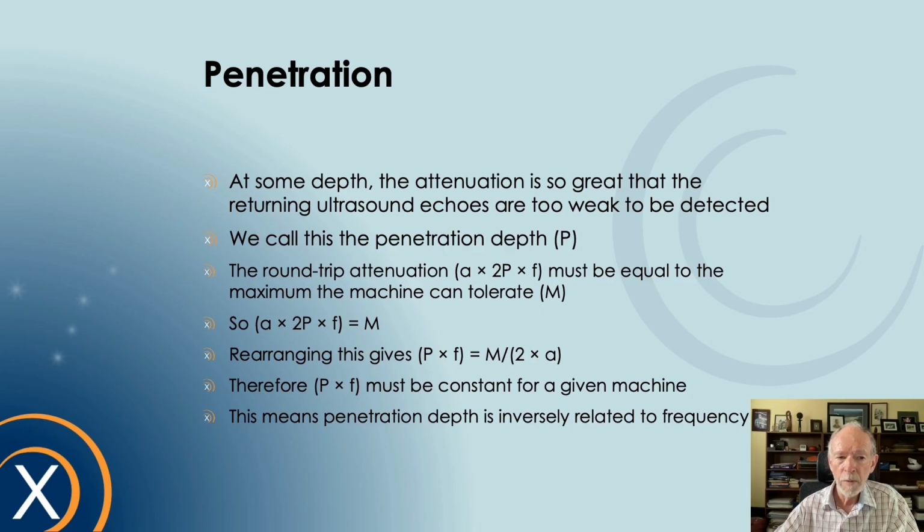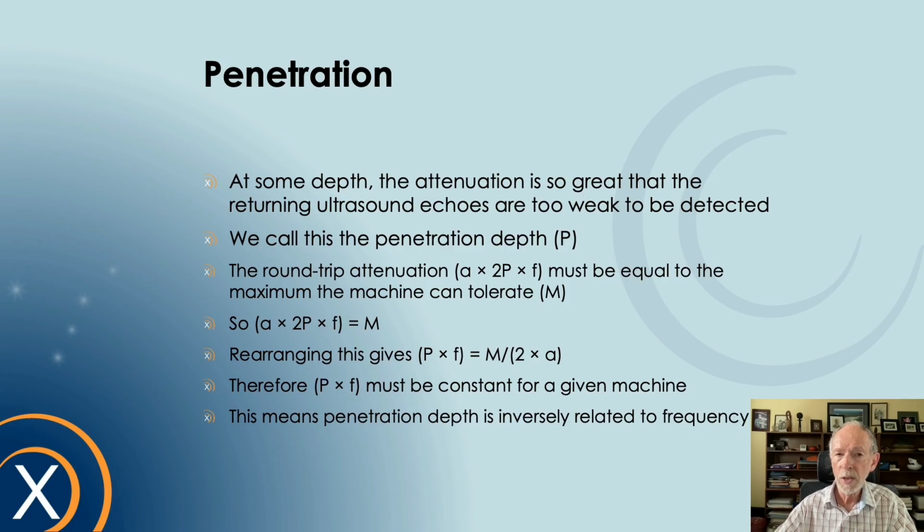Now that M is going to be essentially a fixed amount. And in any one clinical situation, the attenuation coefficient is a given as well. It's fixed. And so I can rearrange the equation to show that the product of penetration depth and frequency is equal to the maximum attenuation that the machine can tolerate divided by 2 times the attenuation coefficient.